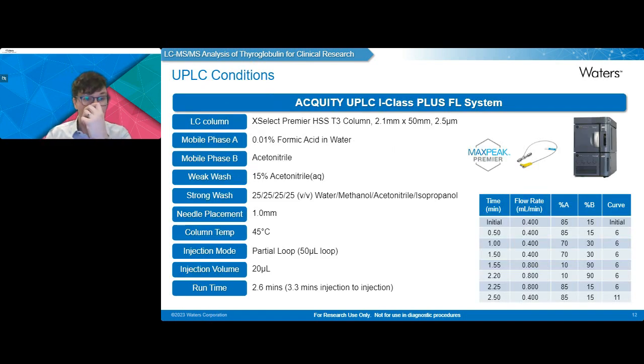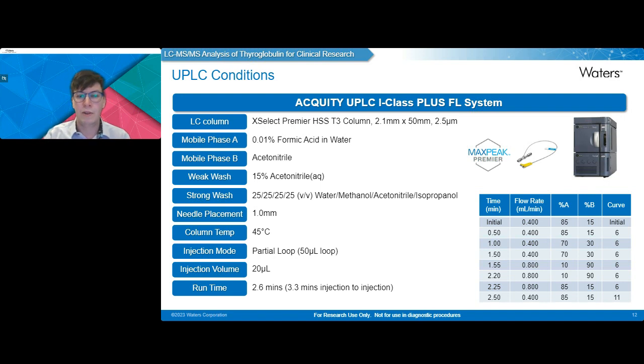On the Acquity UPLC I-Class system, we have these UPLC conditions. So we're using the HSS T3 column, 0.01% formic acid in water, where I found we actually saw twofold improvement in sensitivity compared to 0.1% formic acid in water. An acetonitrile mobile phase B. And then we're doing a partial loop injection, which can help with carryover compared to some other injection modes.